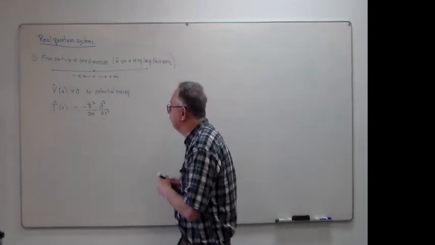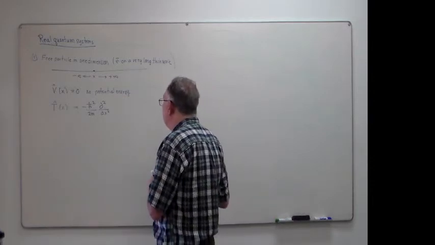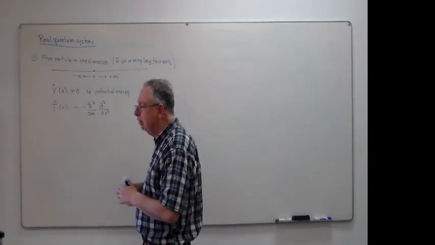Okay, so that's T of x. V of x equals 0.